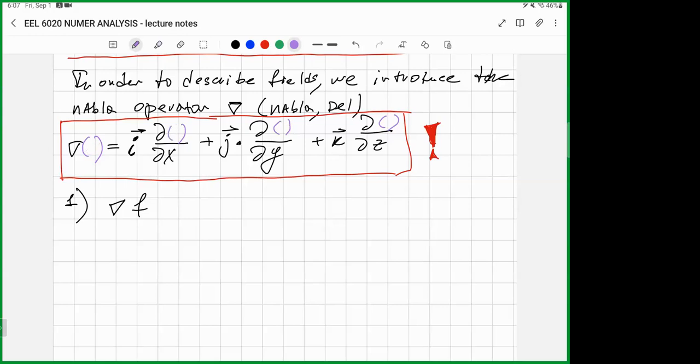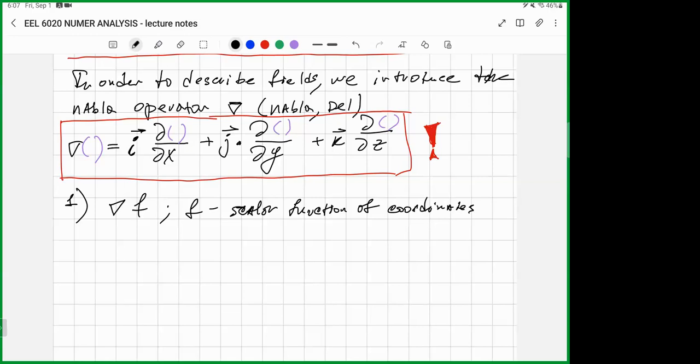f is a function of coordinates x, y, z. So f is a scalar function of coordinates.